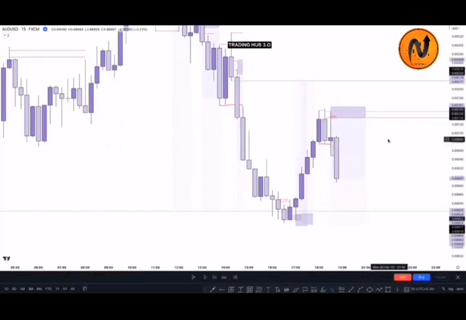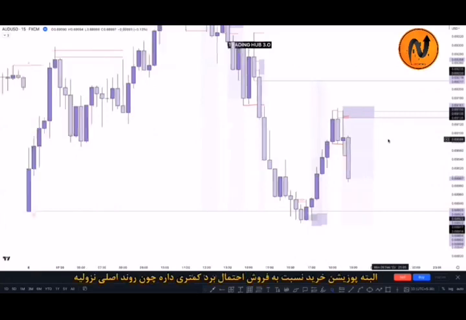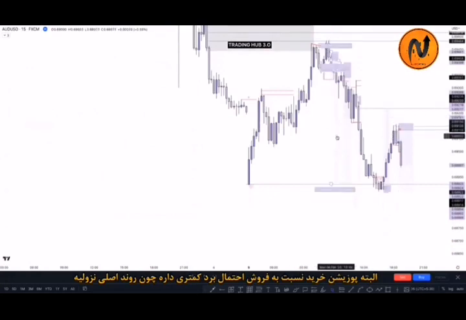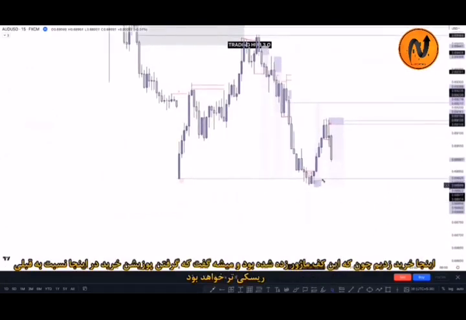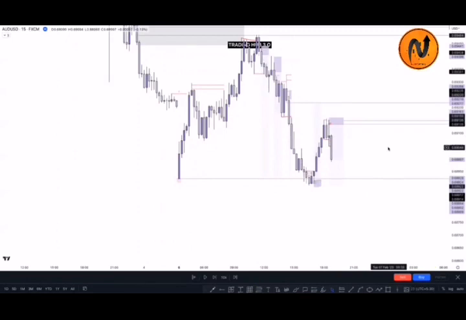But buy is low probability compared to the sell, because sell is our major pro trend. Buy is already grabbed here because the major low was taken out, so this is a little bit risky buy compared to this one.